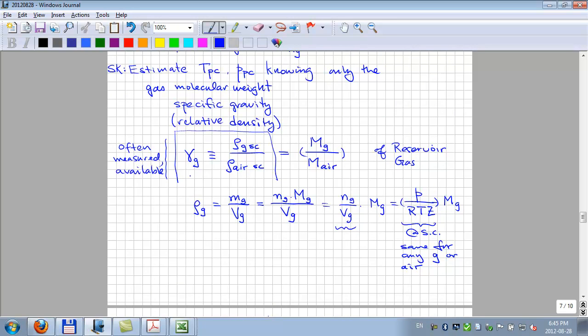You also have a specific gravity or relative density for liquids, and it's relative to water at the same standard pressure and temperature. But of course, you'd be dividing by the density of water, 1,000 kilograms per cubic meter, instead of air.